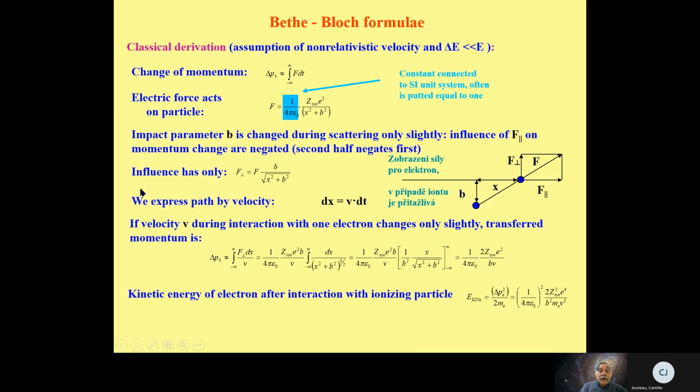Okay, fine. We will go from path to velocity. The path which is run is given by velocity and by the time which was necessary. We expect, as I said, that the change of energy, change of momentum, change of velocity is negligible against the whole velocity.